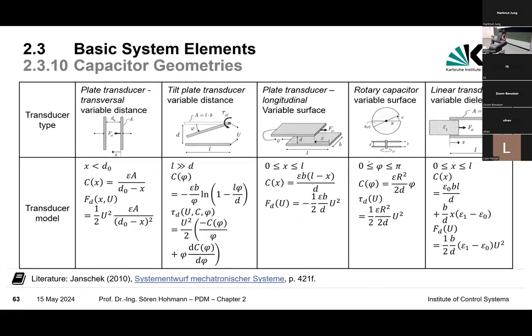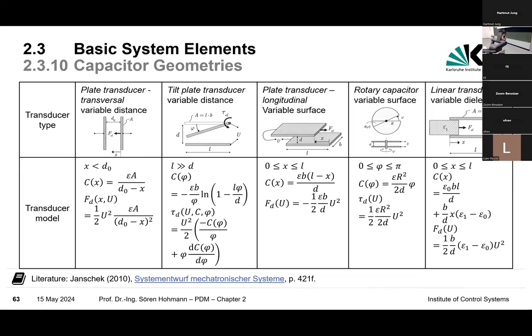So now here we see a couple of realizations, and this is copied out of Klaus's book. This is the very principle. Here you see C of x, to be precise, what you know from your lectures in electromagnetics. And here the plane might be rotatable, then it becomes even more complex for the calculations of the capacitance.